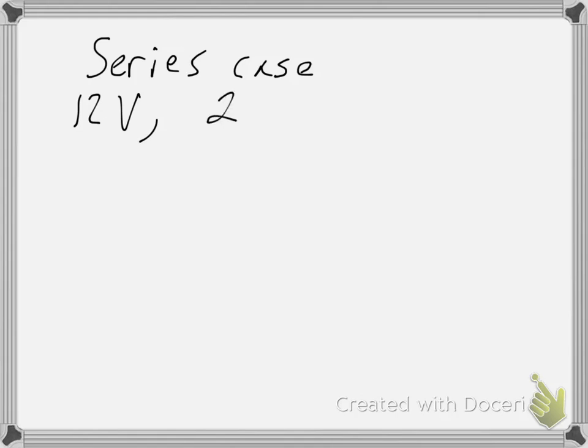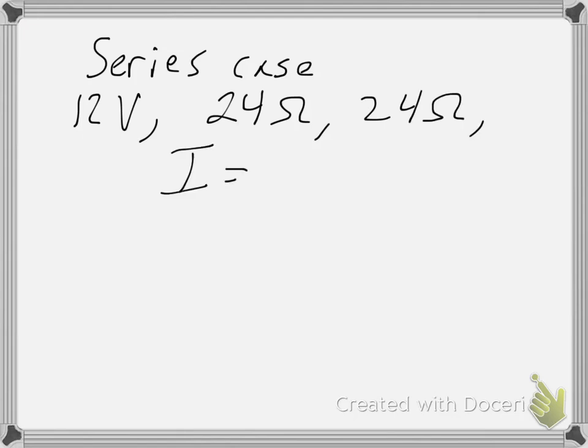In the series case, we had 12 volts and two resistors, one of 24 ohms and 24 ohms, and we found that our current dropped to 0.25 amps.